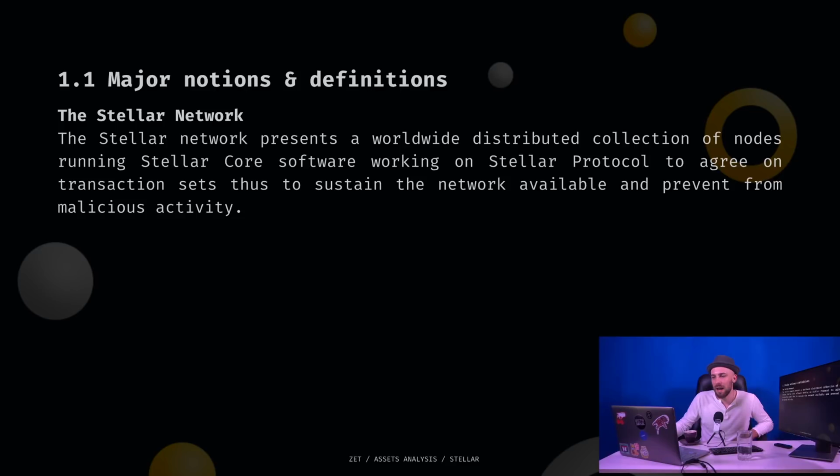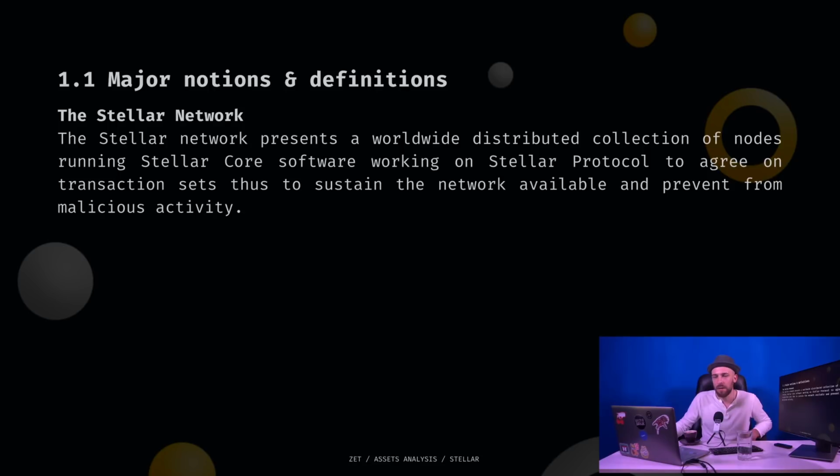And besides the company, I just want to present the basic notions and definitions that we're going to review, which are actually the base of the Stellar product and its infrastructure.